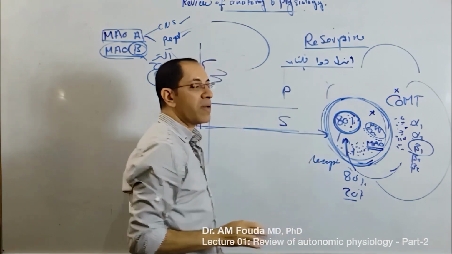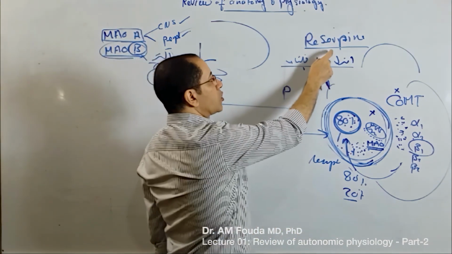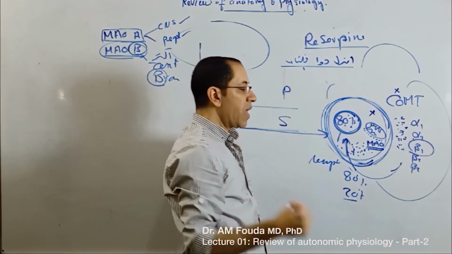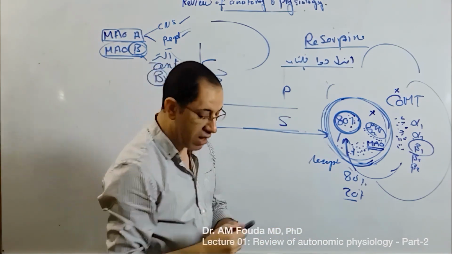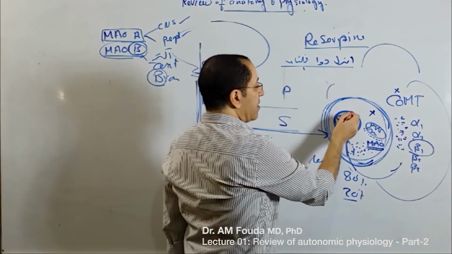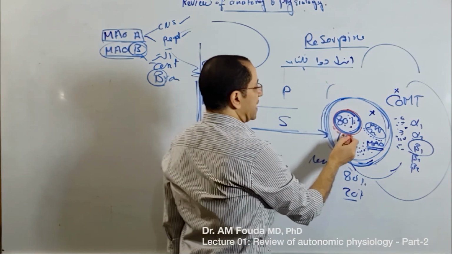Why so? Because its mechanism is based on one of the most treacherous actions in the history of medicine. So let's see together how this drug works. This drug goes to the vesicles and prevents norepinephrine from entering them.